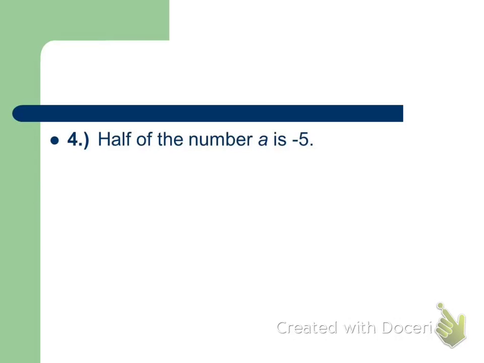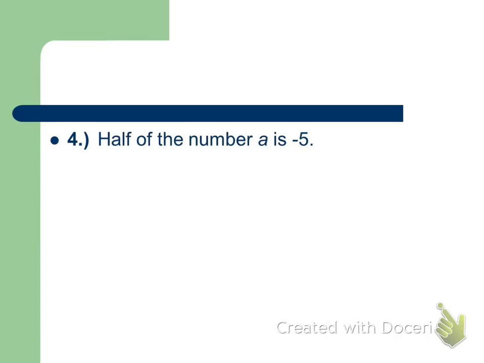Okay, half of the number a is 5. Does anyone want to raise their hand and remind me what half means I should do? Well, you didn't raise your hand, but you are correct.